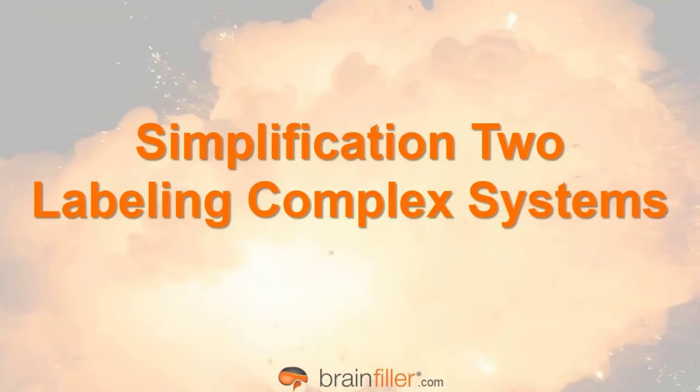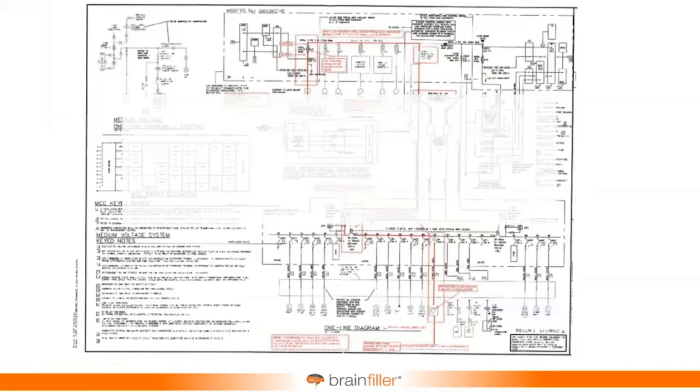Another labeling strategy, and this is actually brand new for the 2018 edition of NFPA 70E, is labeling complex systems. And by complex systems, what I'm actually referring to is if you perform an arc flash study, use the software and perform calculations, you look at a more complex single line drawing.